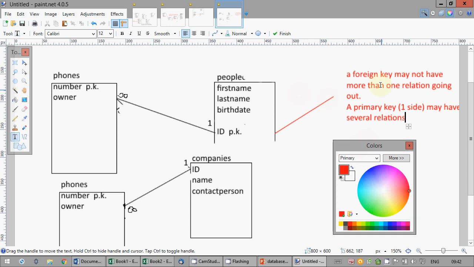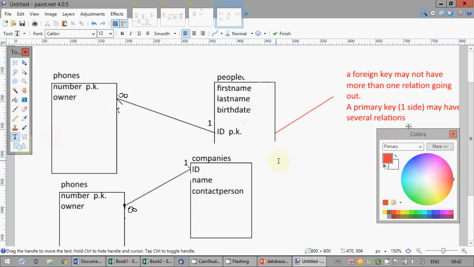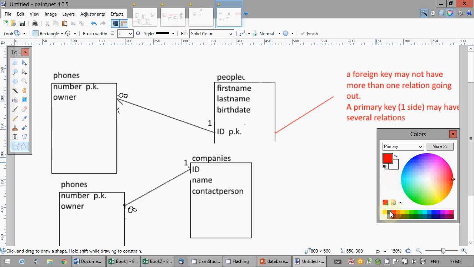For example, if you have here another table containing email addresses, I will build it so you understand better.